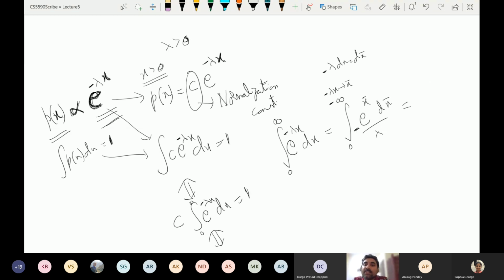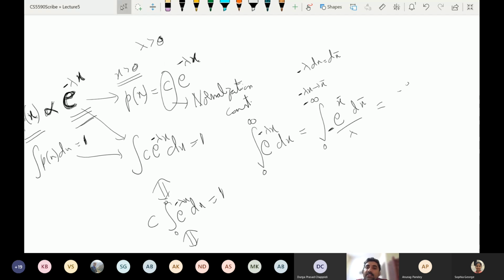So now if you apply limits, what will it be? So let's first compute. This will be minus e to the power of x bar by lambda, the integral between the limits 0 to infinity, right? But what is e to the power of minus infinity? 0.